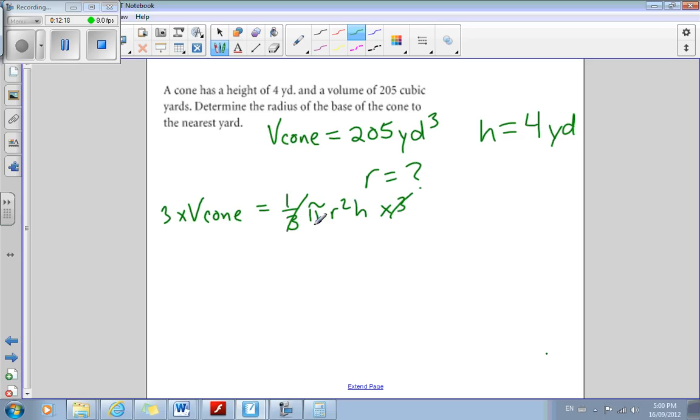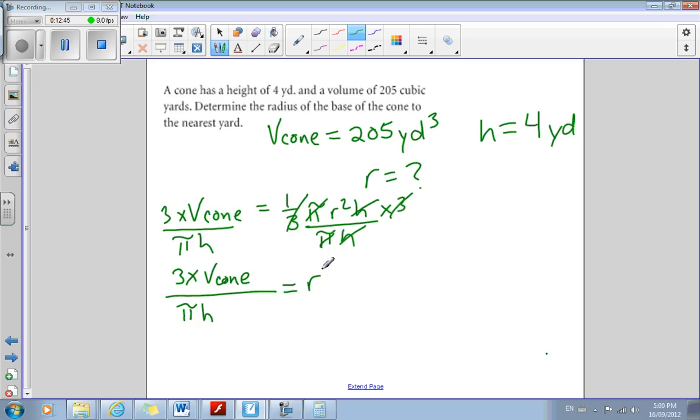So pi and h are multiplied. So the opposite of multiplication is division. So we divide by pi h on both sides. Pi divided by pi is 1. H divided by h is 1. So we're left with 3 times the volume of the cone divided by pi h equals r squared.